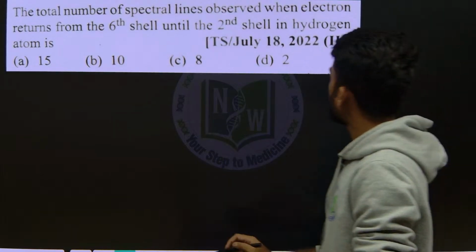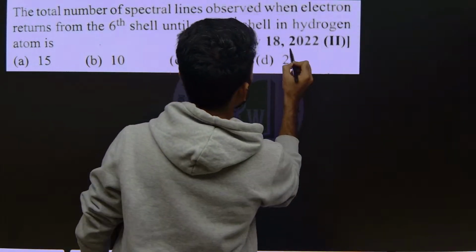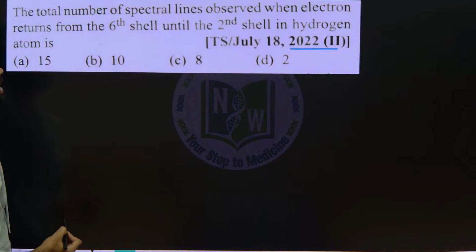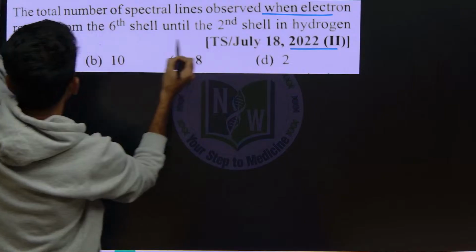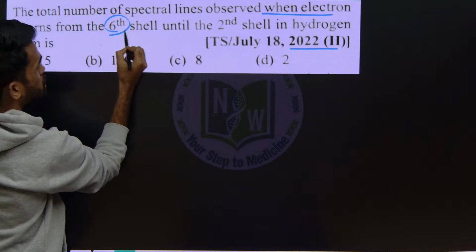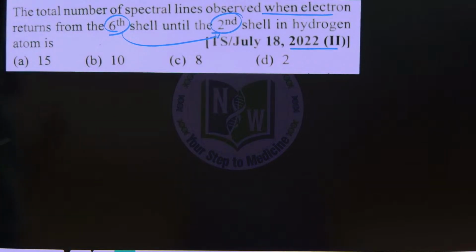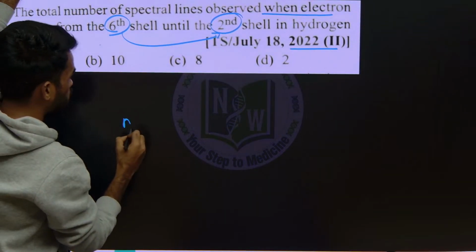See, we have a question from the 2022 paper. Look at the question, what this says. The total number of spectral lines observed when an electron returns from the 6th shell to the 2nd shell in the hydrogen atom. Very simple now. See what I told you, number of spectral lines.